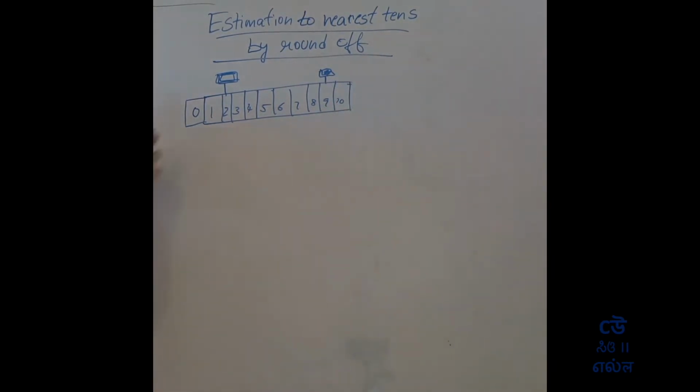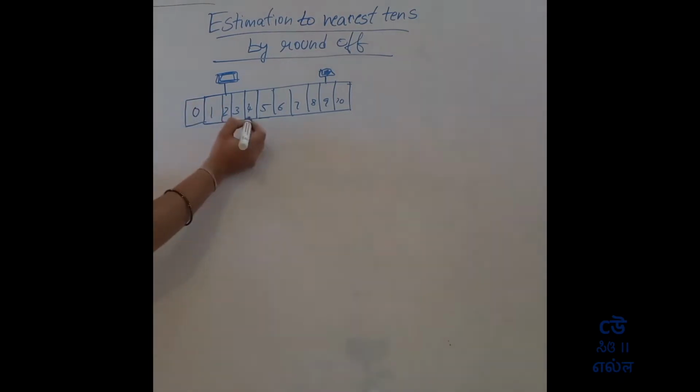See, from 0 to 10, which is the middle number, children? From 0 to 10 count, which is the middle number? Leave 0. 1, 2, 3, 4, 5. And 1, 2, 3, 4, 5. See here. Which is the middle number from left you count? 1, 2, 3, 4, 5.